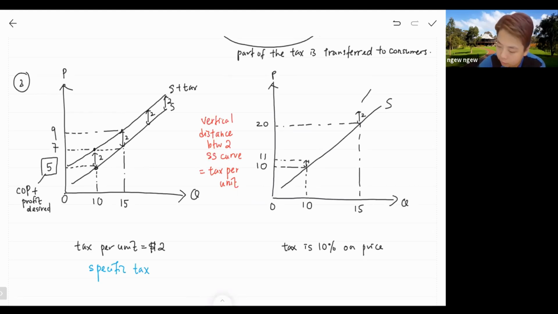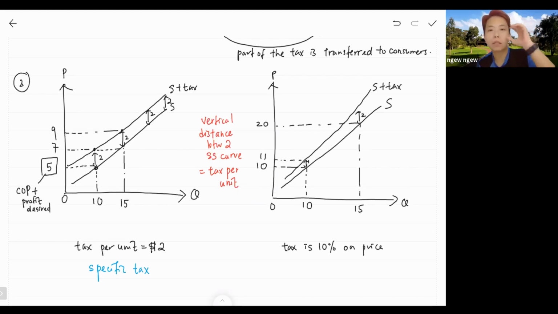In this case, you will see the supply curves diverge, whereby the distance between the two supply curves becomes bigger and bigger as price rises, because it's 10% on price. When the price is $10, the 10% is $1. When the price is $20, the 10% is $2.